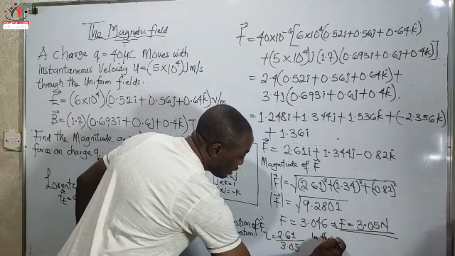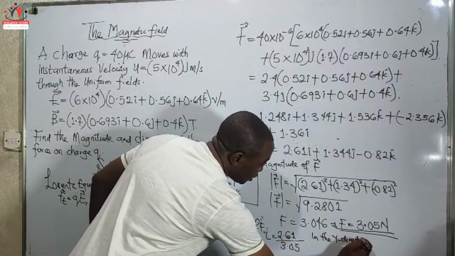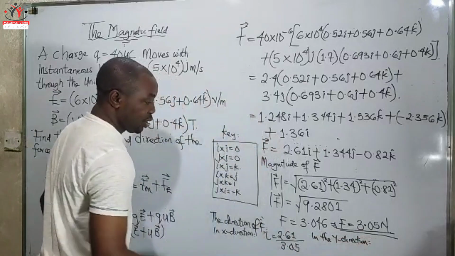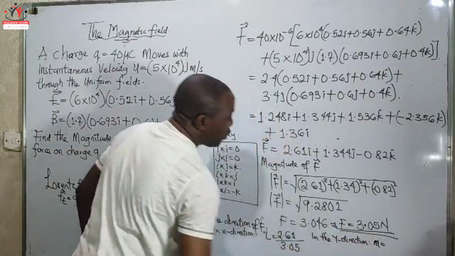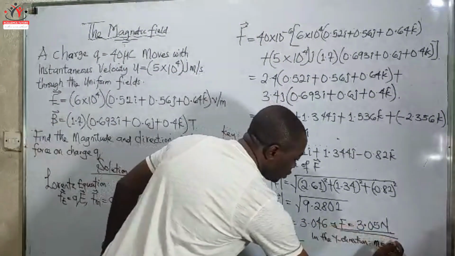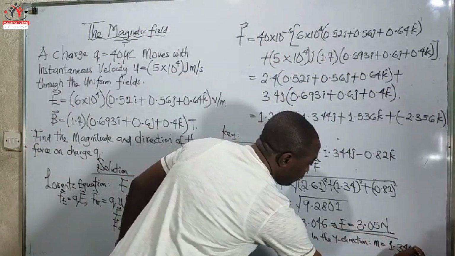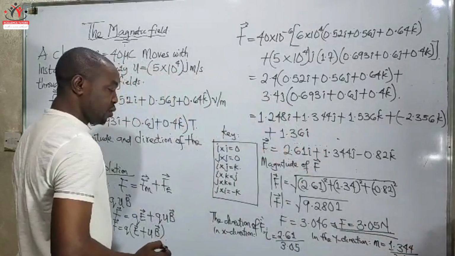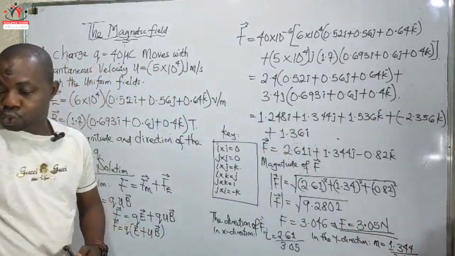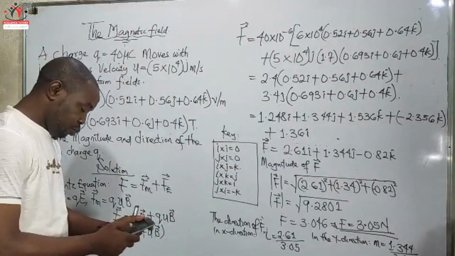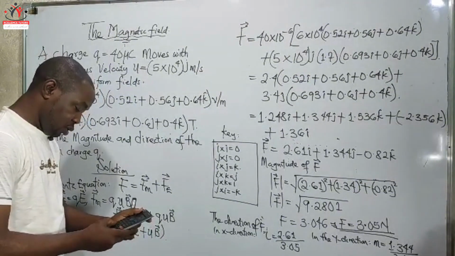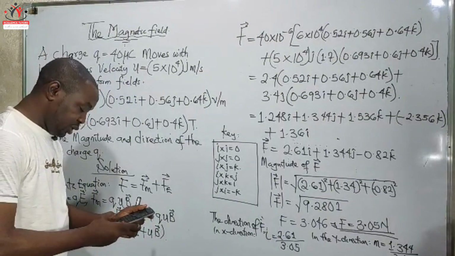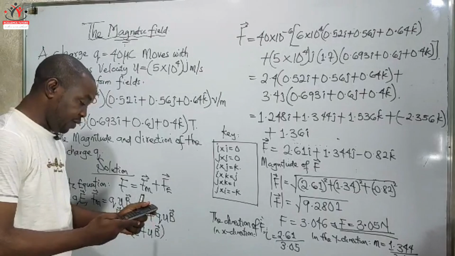Now in the y direction, let's say that's M, it's going to be 1.344 out of 3.05. So what is 2.61 divided by 3.05?